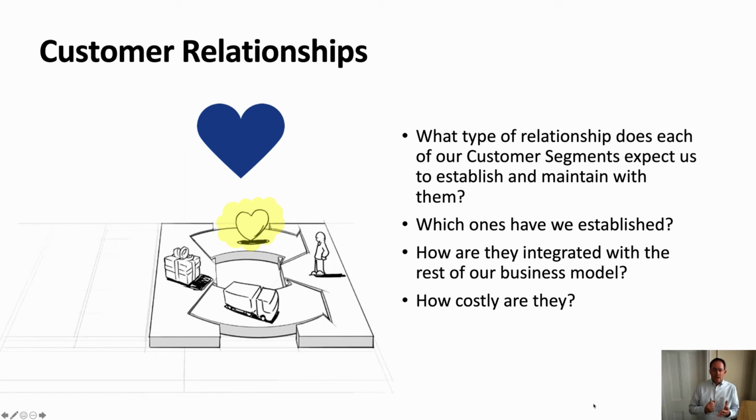Customer relationships could be we provide you with direct access to an individual who you can call at any time to support you with questions about your service or your product. Imagine the cost of doing that. So we're talking now high value products or services where absolutely providing someone on the end of a telephone is crucial for the customer to feel comfortable that you're looking after them.